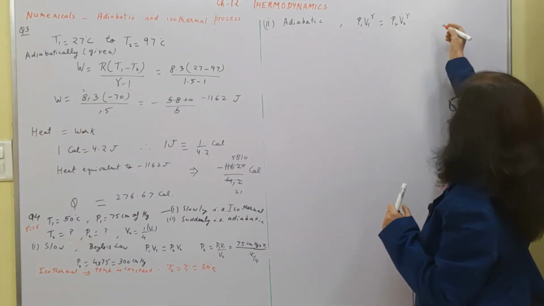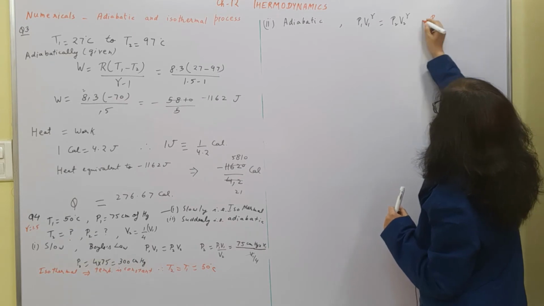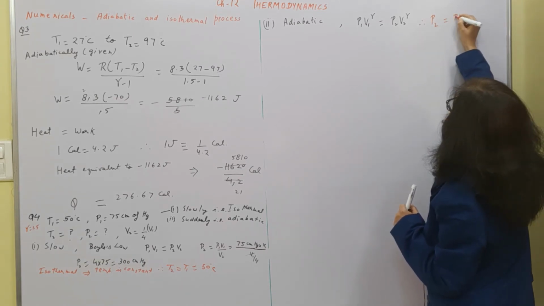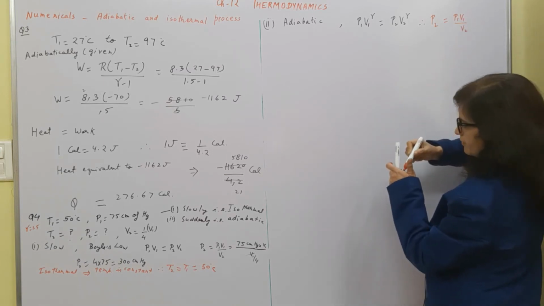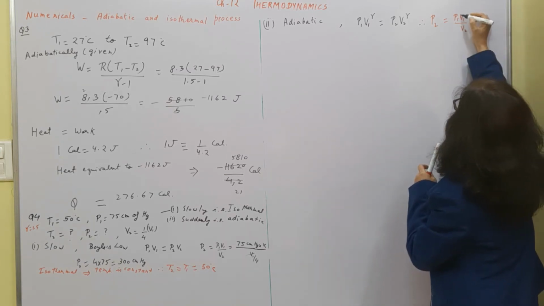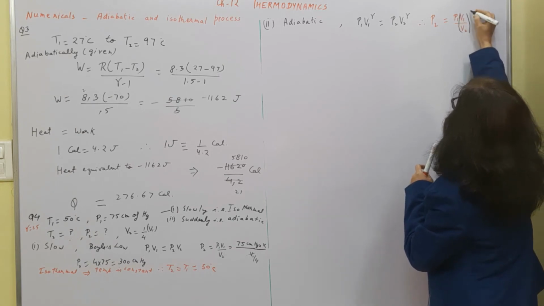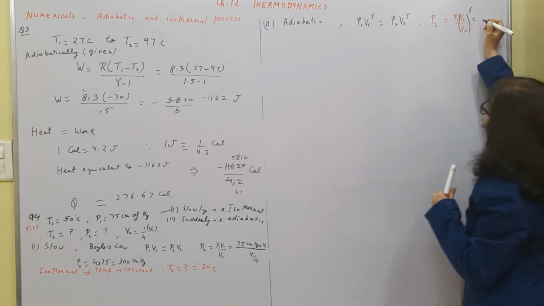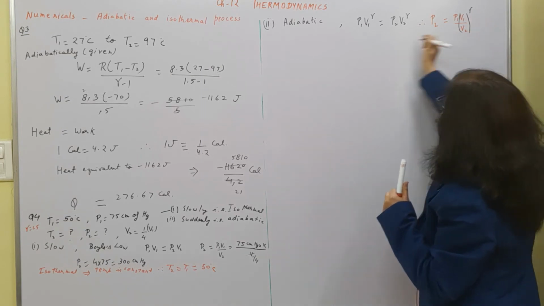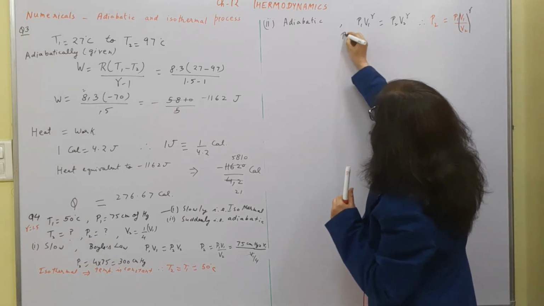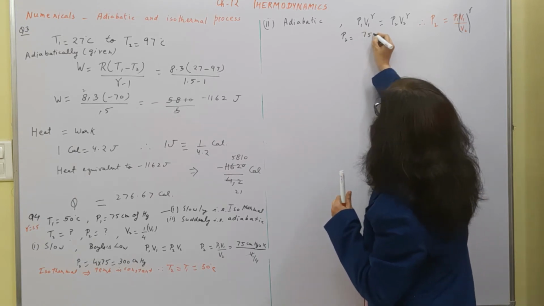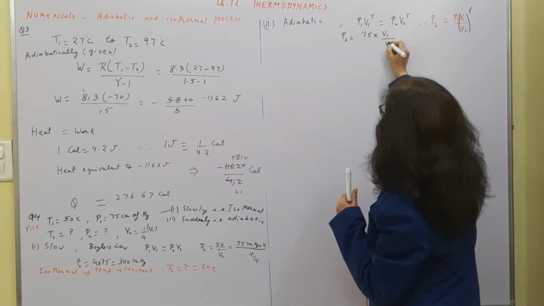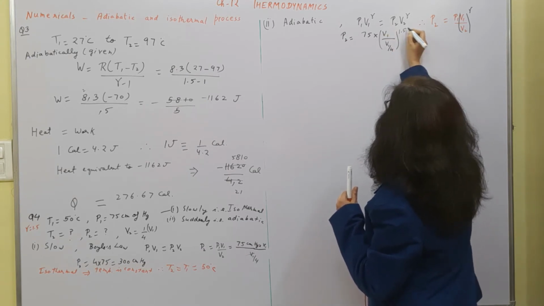You can put the values: P2 is equal to P1 times V1 upon V2, to the power gamma, we can write the common power. P1 is 75, into V1 as it is, and V2 is V1 upon 4, to the power 1.5.